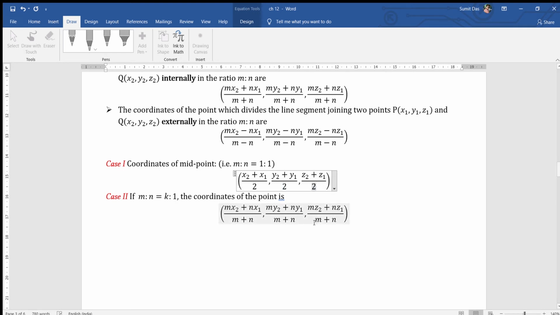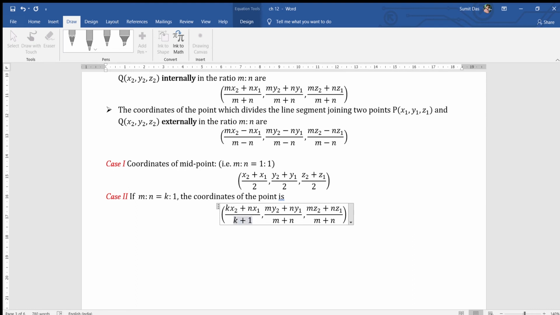Okay, now another case study is saying that if the point divides the line segment in the ratio k is to 1, what will happen? We have to just replace m with k and n with 1.